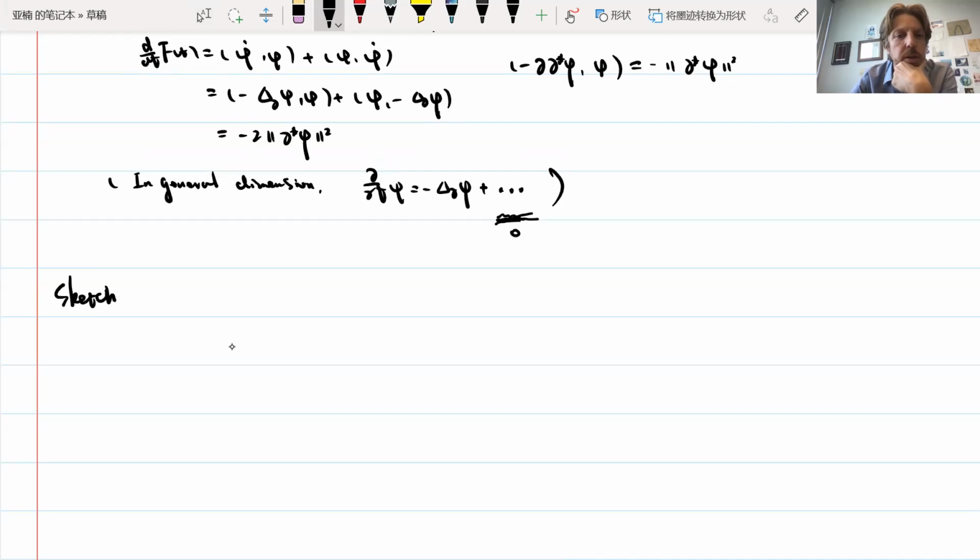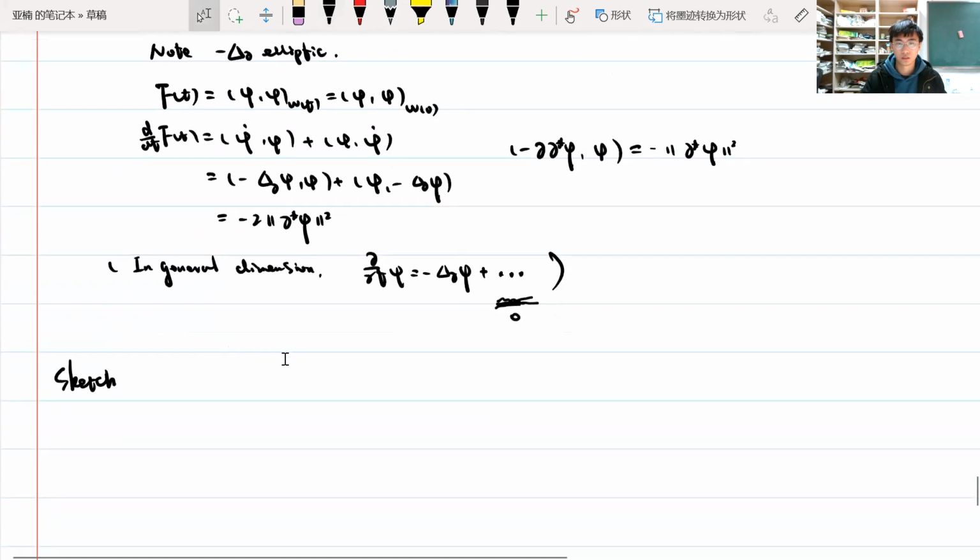Sorry, Yanir. You're saying that you can think of the evolution of phi in dimension 2 as the Chern Laplacian, but not in higher dimensions? In the high dimension case, there is another term.